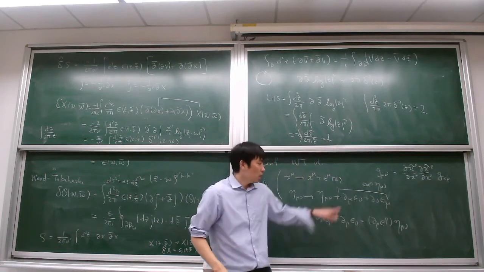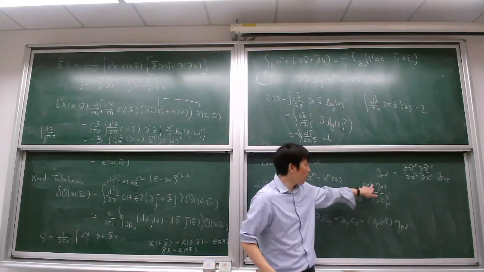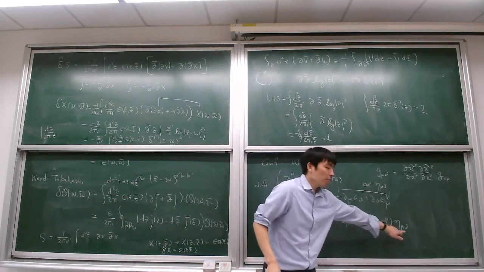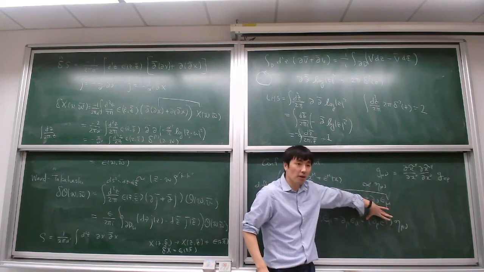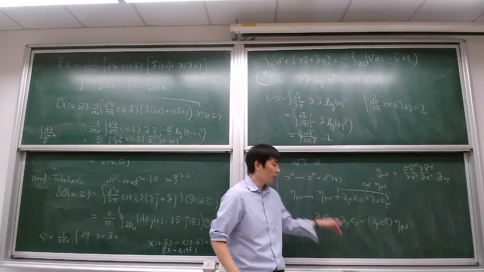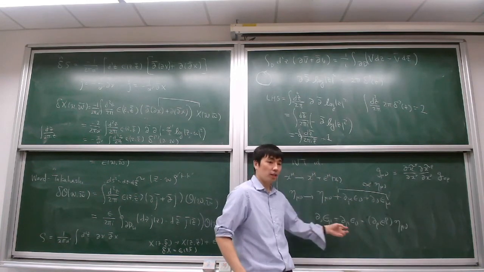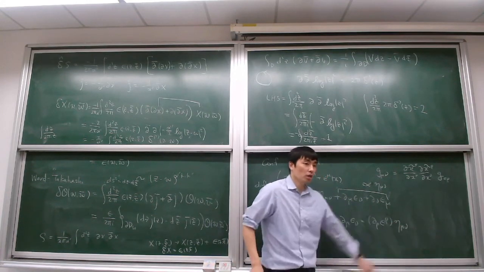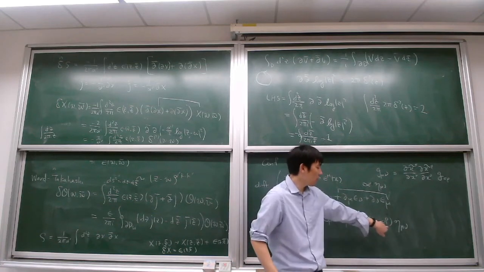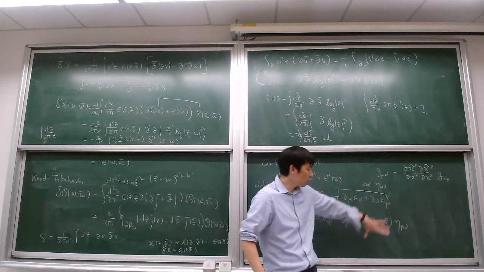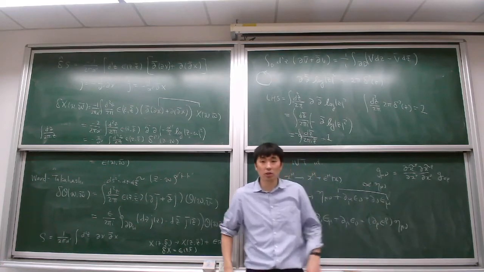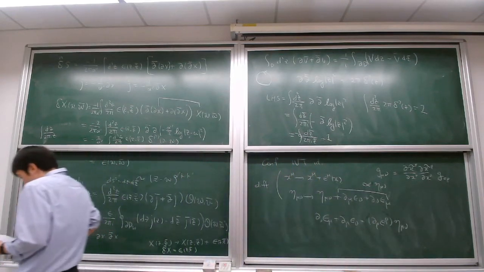Therefore, this part is proportional to eta mu nu, and the question is what is this prefactor? But this prefactor can be fixed by taking the trace. If you take a trace, you get 2 copies of this one on the left-hand side. Therefore, this factor is automatically fixed by taking the trace.